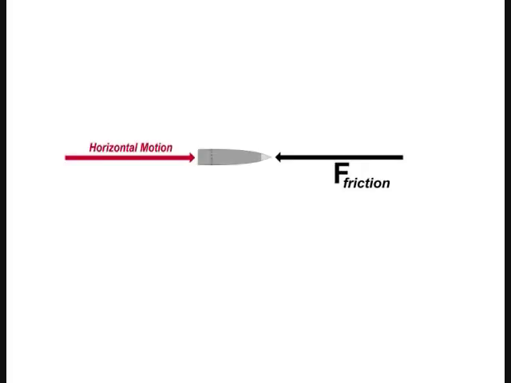The second your bullet exits the muzzle, it's also going to be subjected to the force of gravity. That's going to be a force pulling straight towards the center of the earth, and it's going to be a constant force. Now, out of all the different components to the trajectory, mathematically, gravity is going to be your only constant. Friction is going to be completely different depending on your environmental conditions.